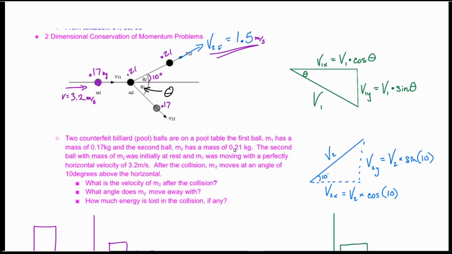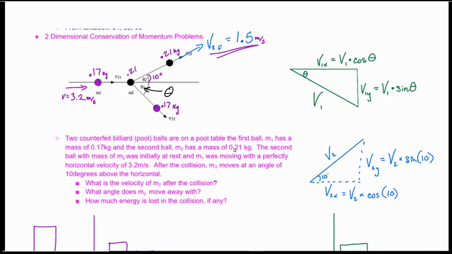And it has a mass of 0.21 kilograms. And the ball itself, this one that I'm highlighting purple, goes downwards at some unknown angle at some unknown velocity. And of course, it still has the same mass of 0.17 kilograms.